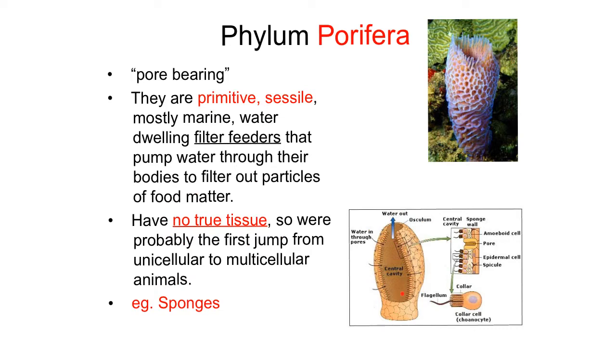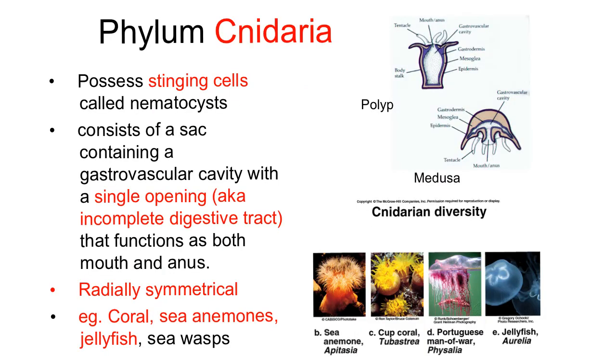And this central cavity acts as sort of the stomach of the sponge. And these cells that line it are going to be working on absorbing and capturing any particulate matter that comes into that central cavity. So they're simple, but by no means are they bad at what they do. So those were the sponges, or the Porifera.